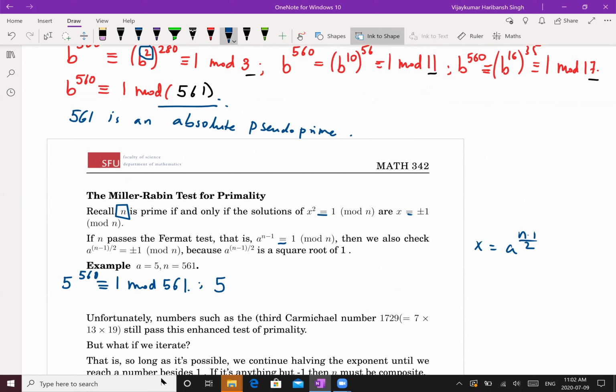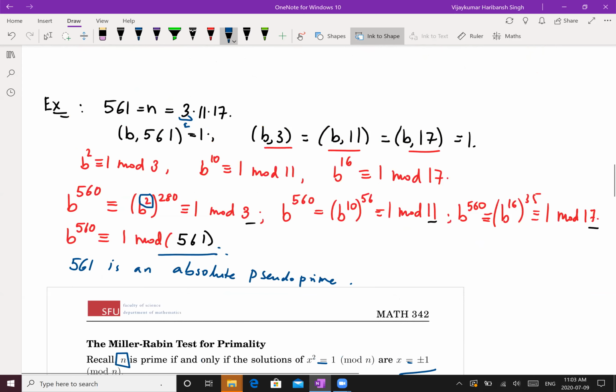So let's see what 5 to the power n minus 1 divided by 2 is, which is 560 divided by 2, so 5 to the power 280. By computation, you can see that that's going to be 67 mod 561, which is not plus or minus 1 mod n. So therefore, 561 is composite.